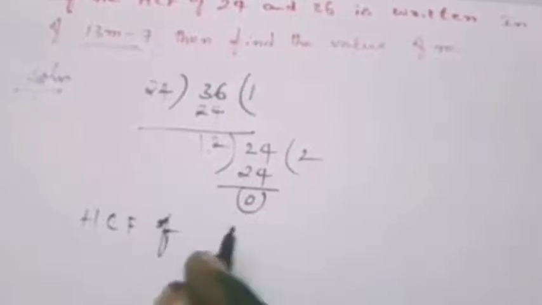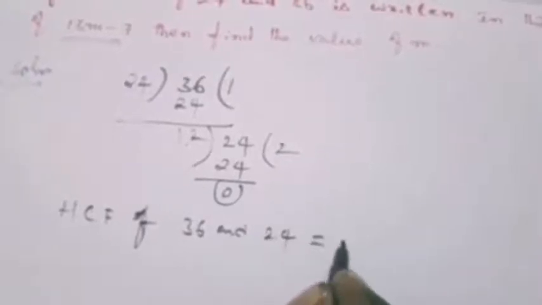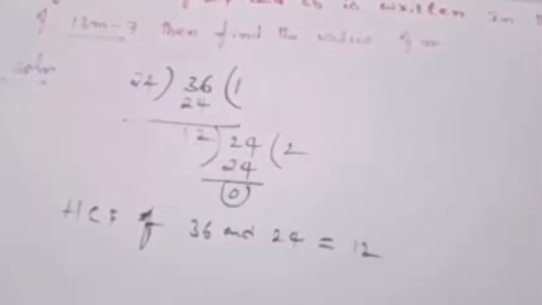So for the divisor 12, therefore HCF of 36 and 24 equals 12. Okay.